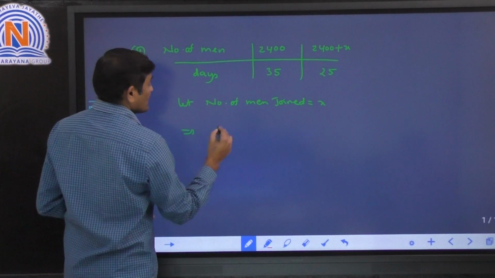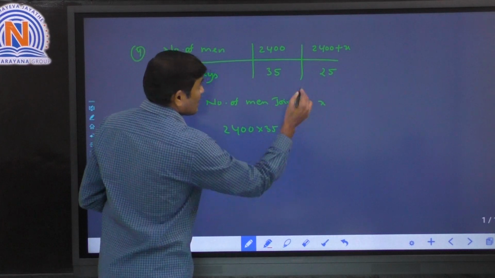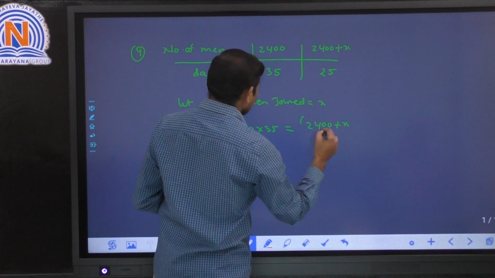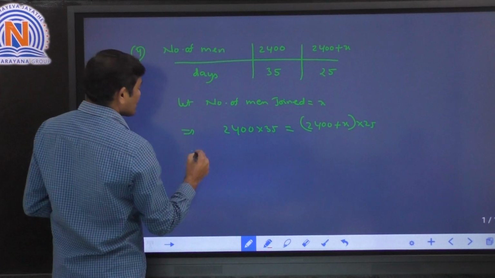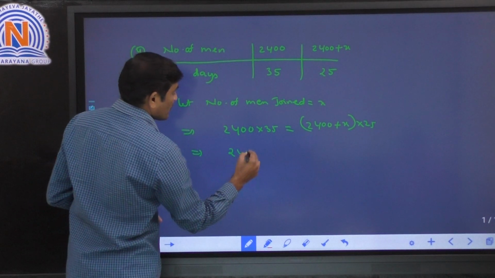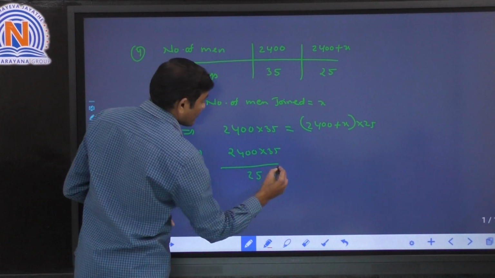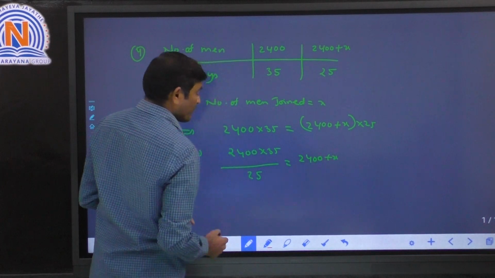That implies 2,400 into 35 is equal to 2,400 plus x into 25. So 25 will be transferred to the left side. 2,400 into 35 by 25 is equal to 2,400 plus x.